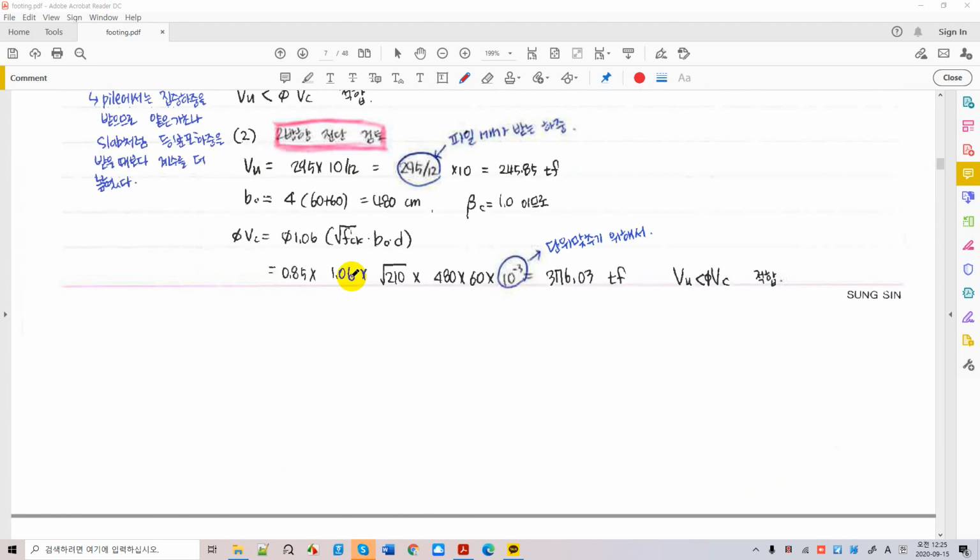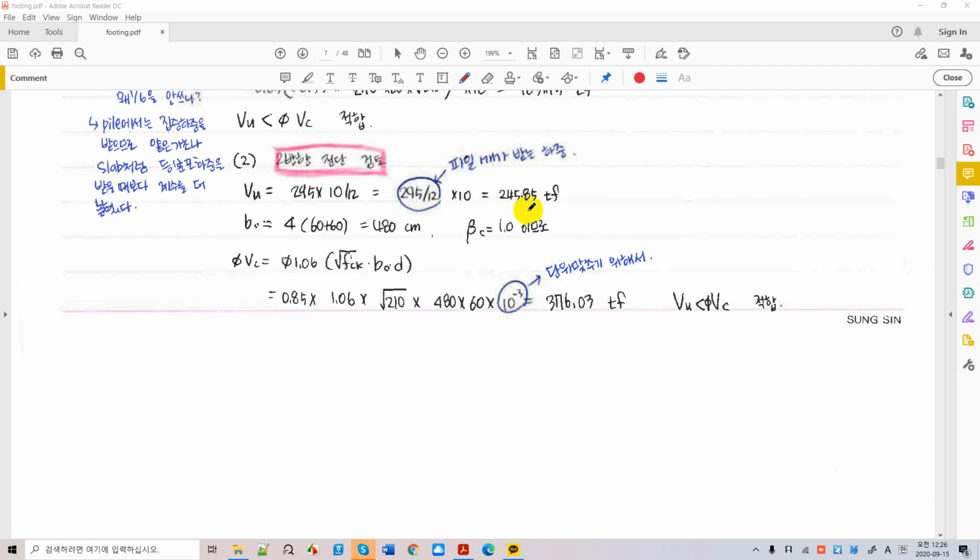So we have here the peripheral length of the critical section, okay, and all this is calculated based upon three equations as we explained, and we chose this and end up with this value 376, which is greater than the two-way punching shear right there, so we're okay.